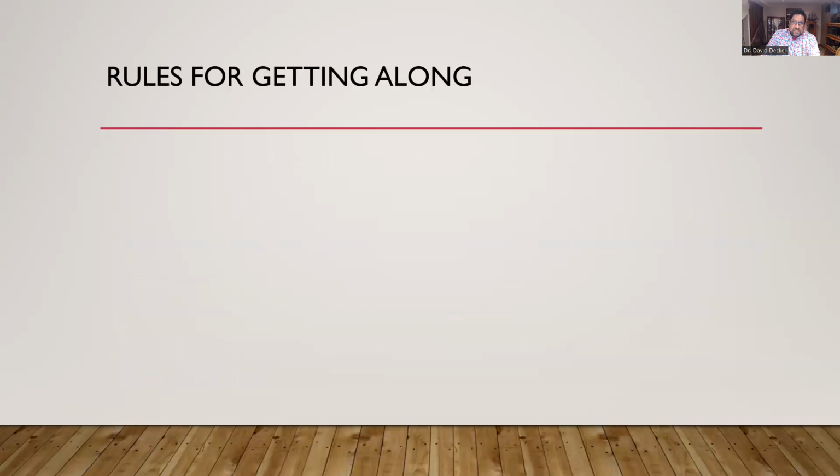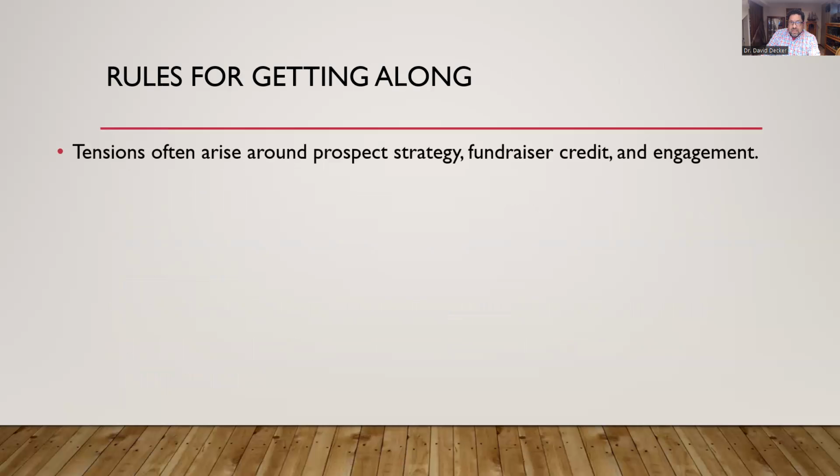So you've got all these fundraisers out there. You have to have some rules of how to get along because by nature they're going to be competitive with each other. And so tensions often arise around the prospect strategy, the fundraiser credit, and the engagement. So the strategy: what do we ask them for? Well, if it's a graduate of your university, there could be a call for just a general appeal for the school, meaning the university, or it could get down to specific programs.